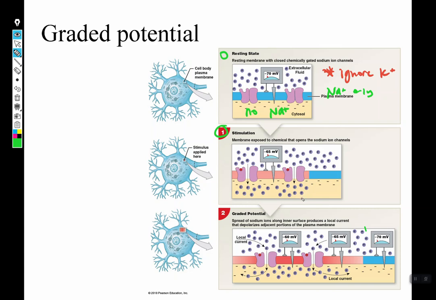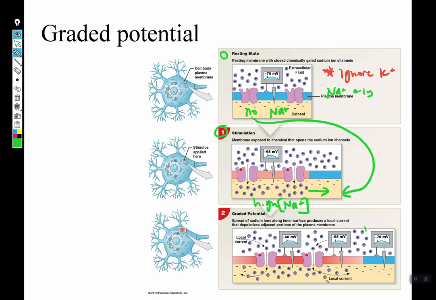We know that sodium goes from an area of high concentration to an area of low concentration, and we know that there's also no sodium over here, so it only makes sense that after it enters, it's not going to hover here in a cloud. It's going to go over to the neighboring inside part of the cell where there's no sodium. So it's going to diffuse laterally once it gets in.